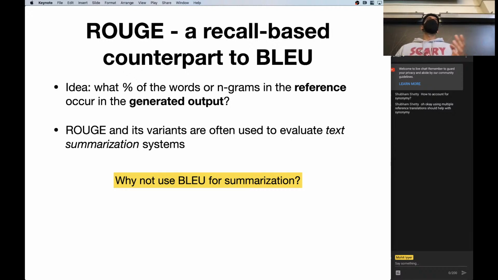And so one natural question is, why do we use this recall-based approach to evaluate summarization but not translation? Any ideas? So in summarization, remember that your input is maybe some massive news article or a collection of articles, and your output could be a paragraph that summarizes all the important information that is in those articles.